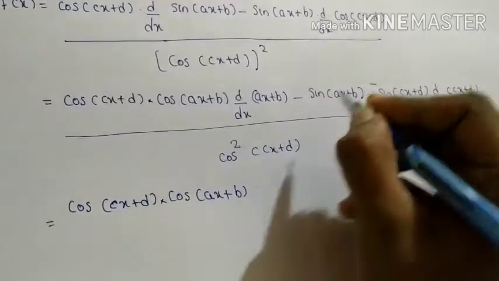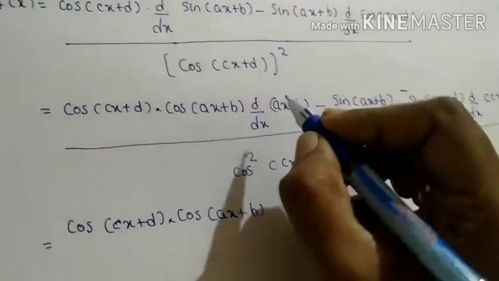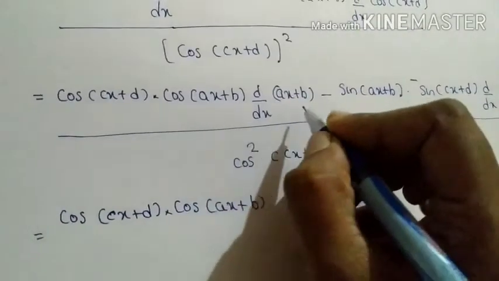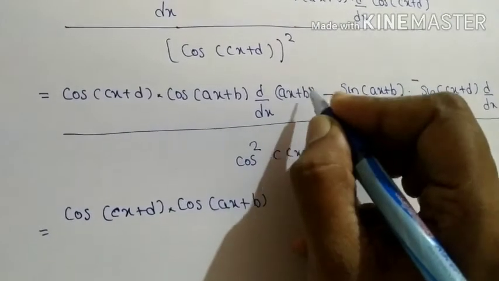Next we need to find the derivative of ax plus b. Derivative of ax: a is constant, derivative of x is 1, so a into 1 will be a.